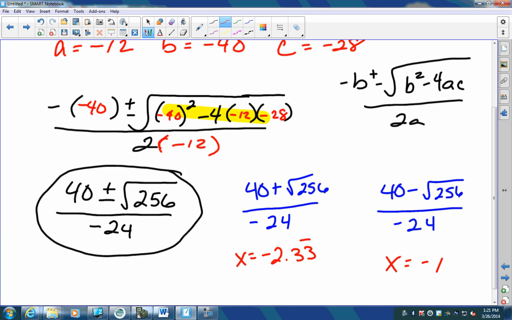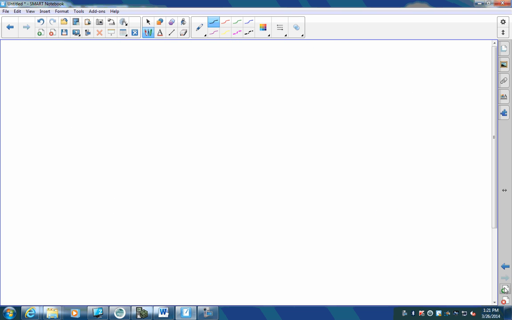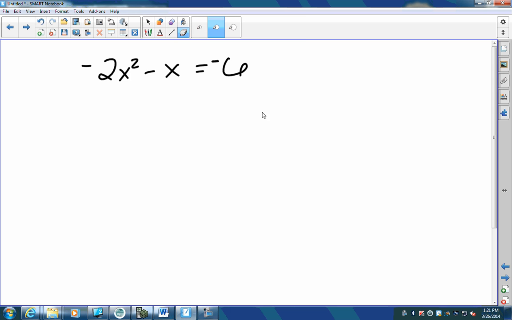Let's try one more. No, you're not going to die, Dondrick. Here we go. Ready? All right. I've got -2x squared minus x equals -6. Let me make this easier to read.